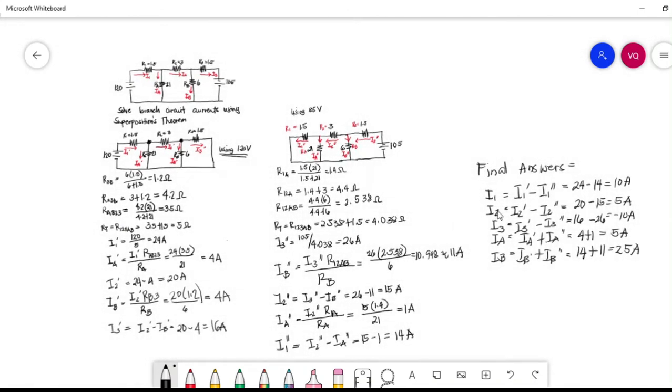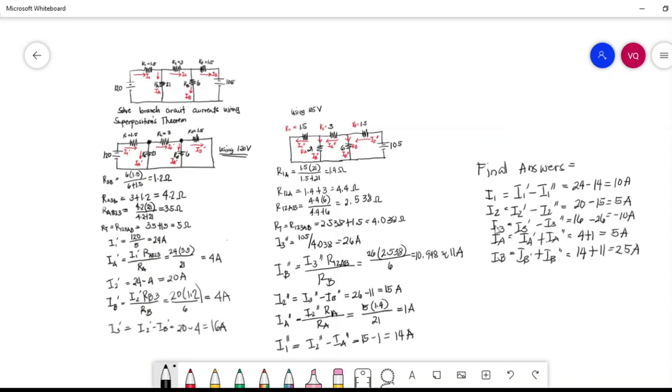I2 is equal to I2 prime minus I2 double prime. That is 5 amperes. I3 is equal to I3 prime minus I3 double prime, negative 10 amperes.